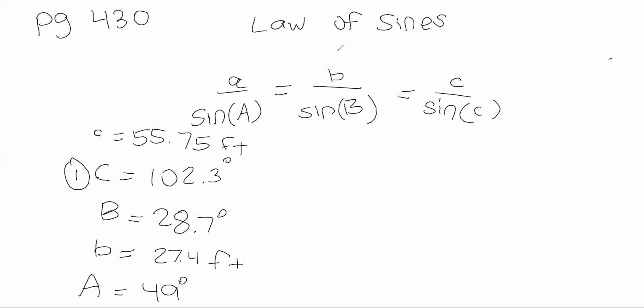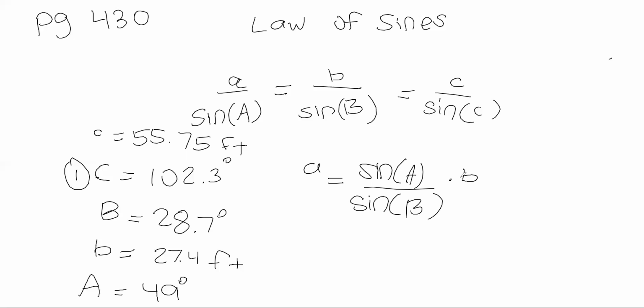So our side length a would just be sine of angle A divided by sine of angle B times side length b.